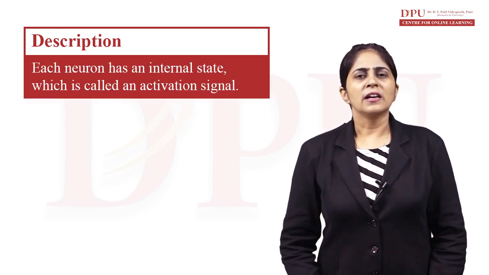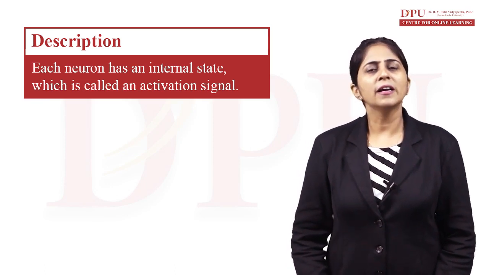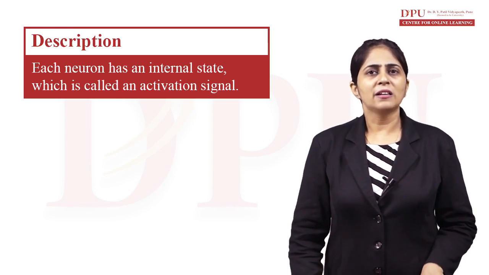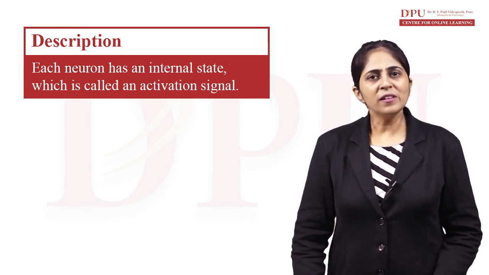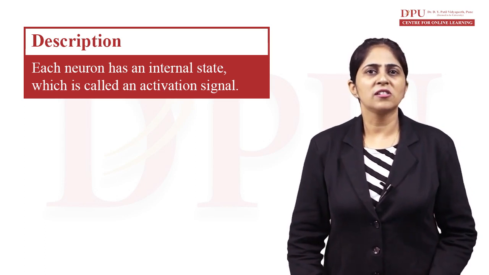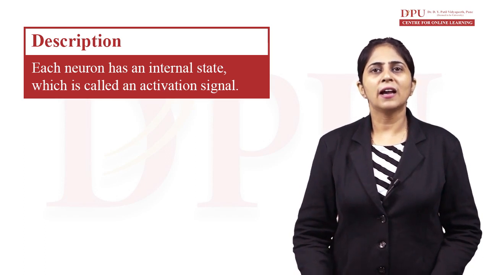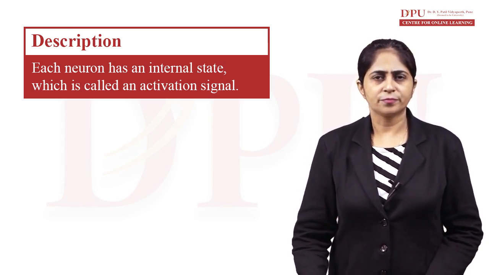Each neuron has an internal state which is called the activation signal. Every neuron in our brain has an internal state called the activation signal. Here also in a neural network, we have one particular activation function.